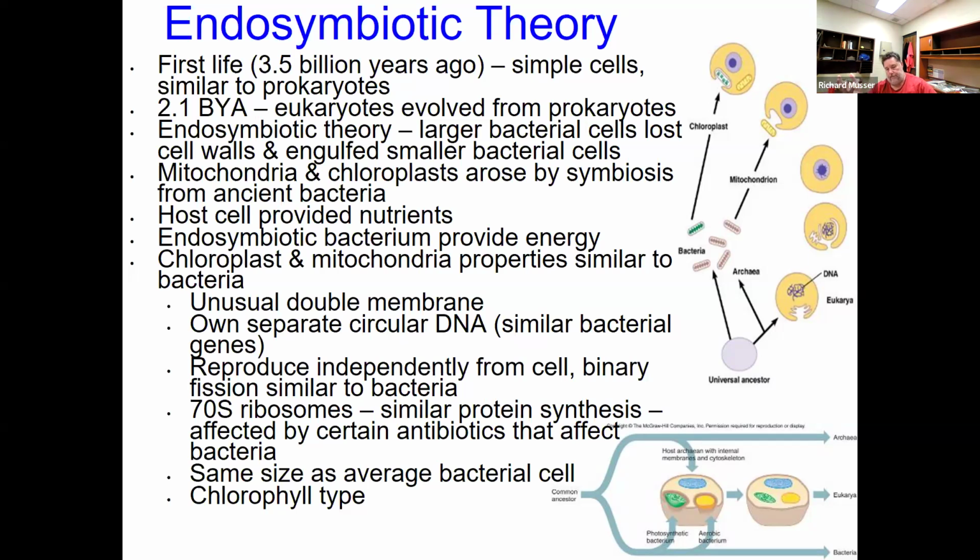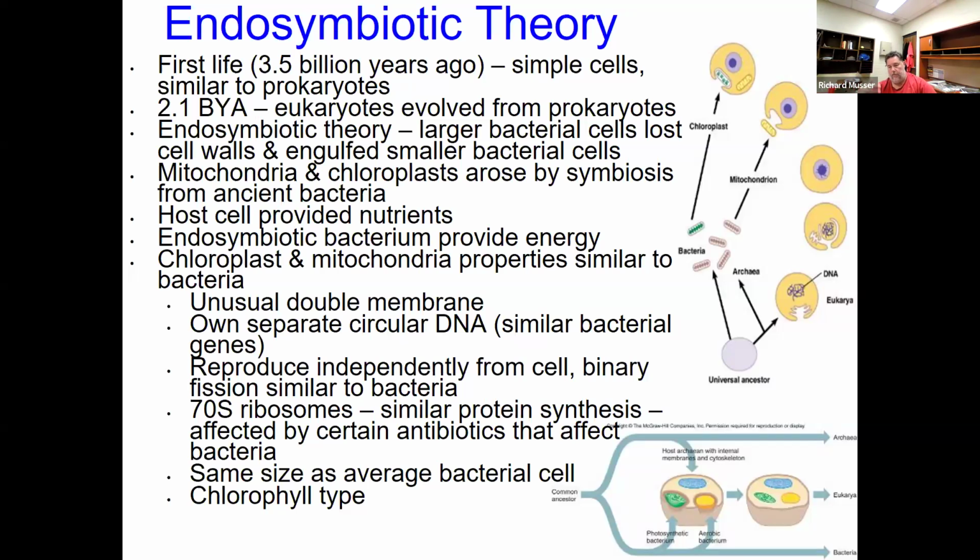work efficiently. Then some of those cells engulfed another cell that was photosynthetic, because remember, green is chlorophyll, and this led to chloroplasts. And so we have some plants with mitochondria and chloroplasts, and then we have the animal lineage and fungi that just have mitochondria.